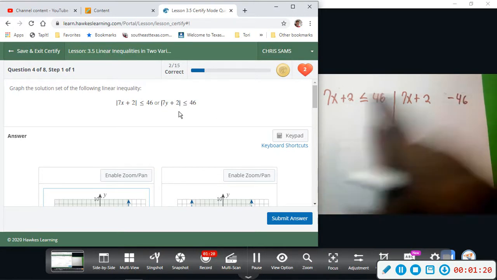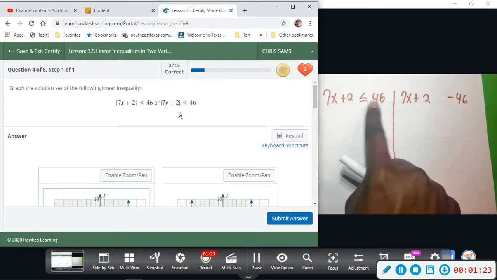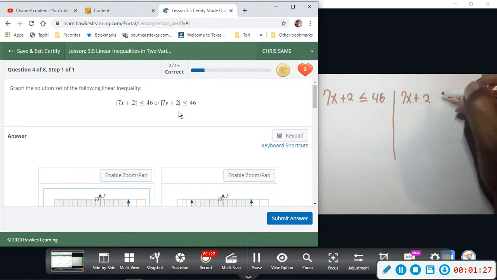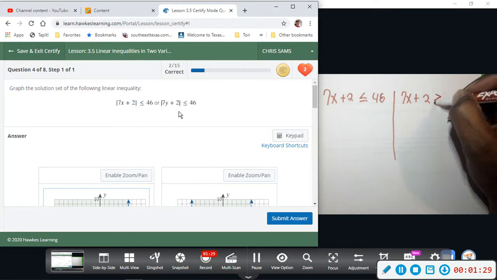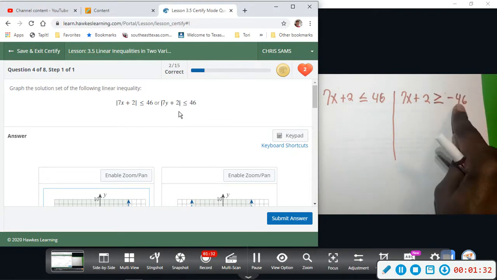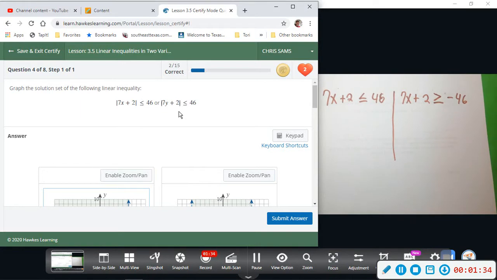So you change the sign. Now, since we changed this sign, we also have to change the inequality sign, so it gets flipped. So it's going to be greater than or equal to. Whenever you change negative, that sign gets flipped. And then we're going to solve for x.